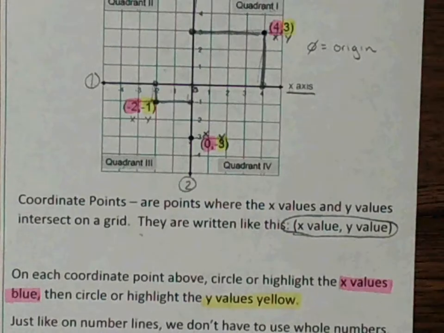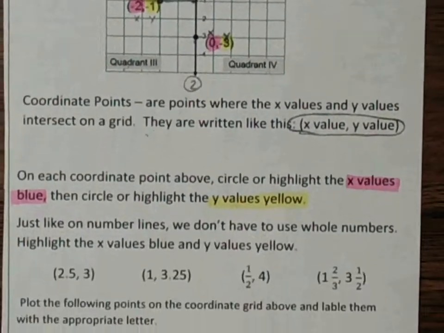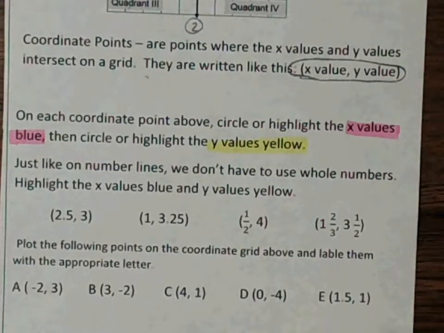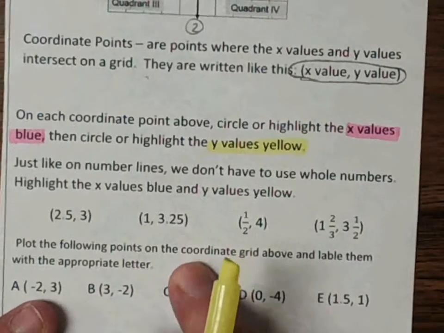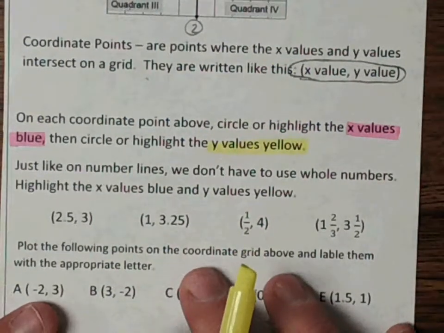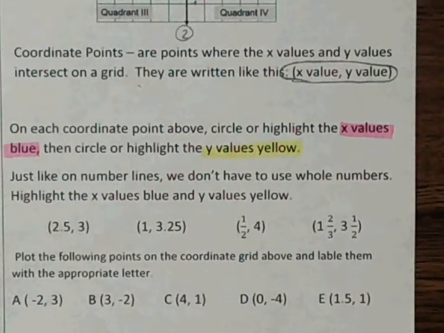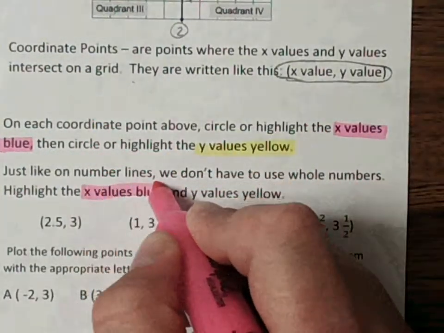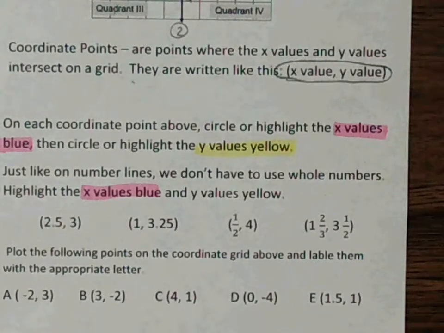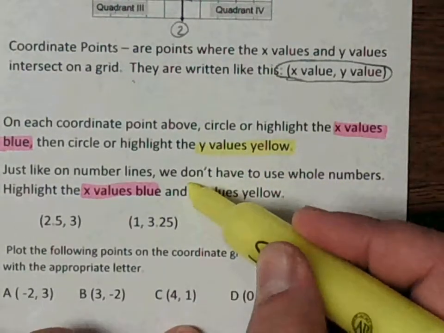Okay? And just like on number lines, we don't have to use whole numbers. So we're going to go back and we're going to highlight these coordinate points. We're going to highlight our x values pink this time, and our y values yellow. So if you want to use blue, use blue. If you don't have a blue, that's fine. Use a different color. Just two colors.